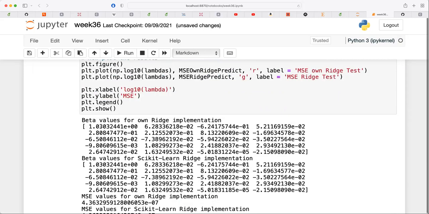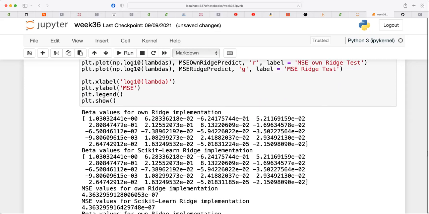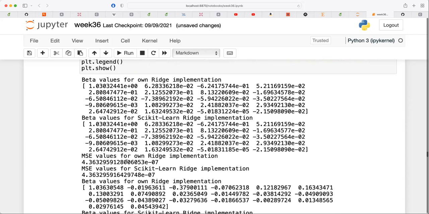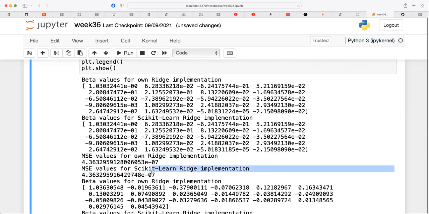So you will see now the beta values for the ridge implementation, and then you see those for scikit-learn. It's essentially the same result to numerical precision. And you will also see that the mean squared errors are the same. And then this is for my own implementation, and this is for what scikit-learn gives.